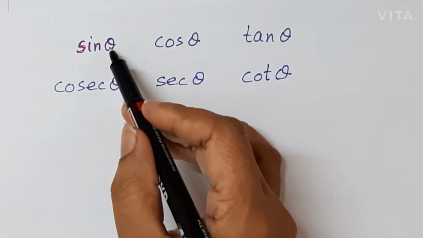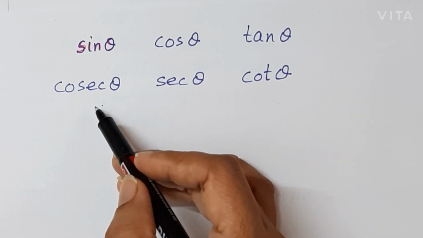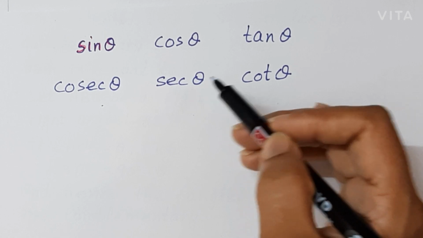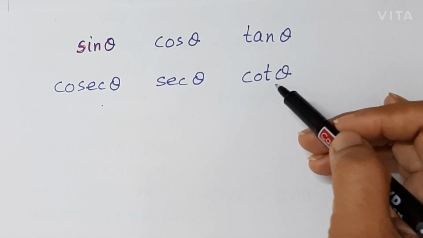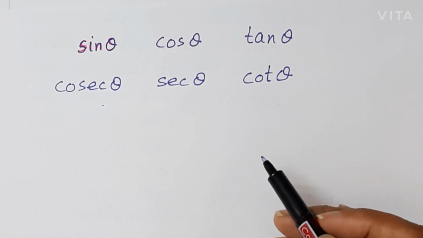Remember, sin theta and cosecant theta are reciprocal of each other. Similarly, cos theta and secant theta, and tangent theta and cot theta are also reciprocal to each other.